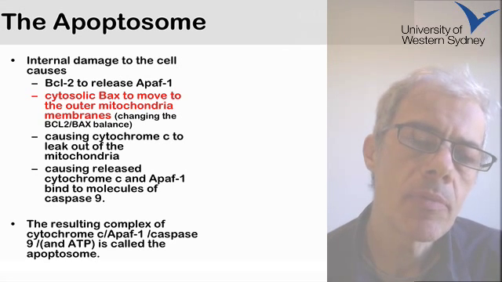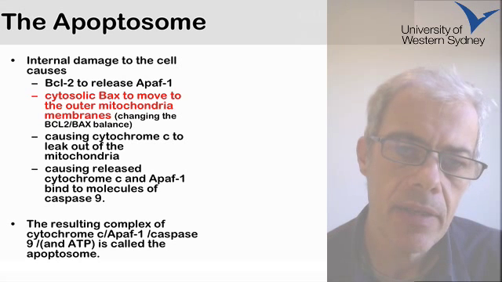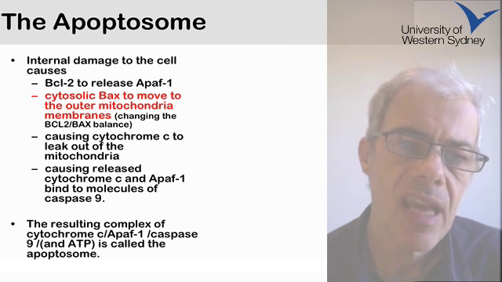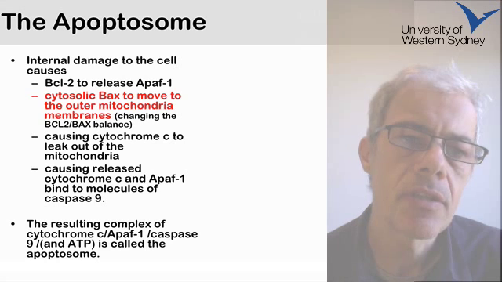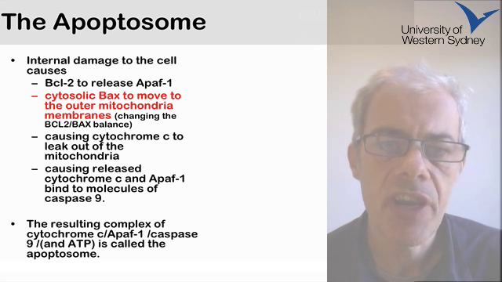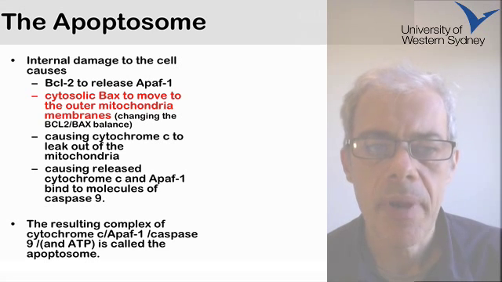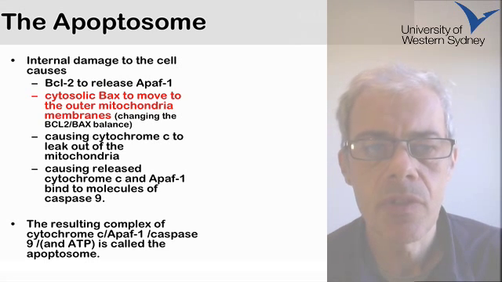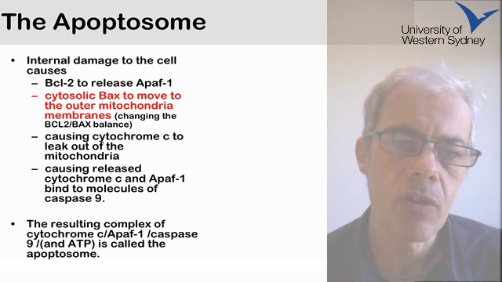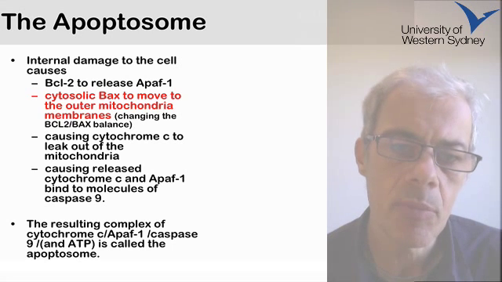So apoptosis is triggered by internal factors. So internal damage to the cell triggers BCL2 to break away from APAF. It also triggers the Bax protein to move to the outer mitochondrial membrane, making it permeable.